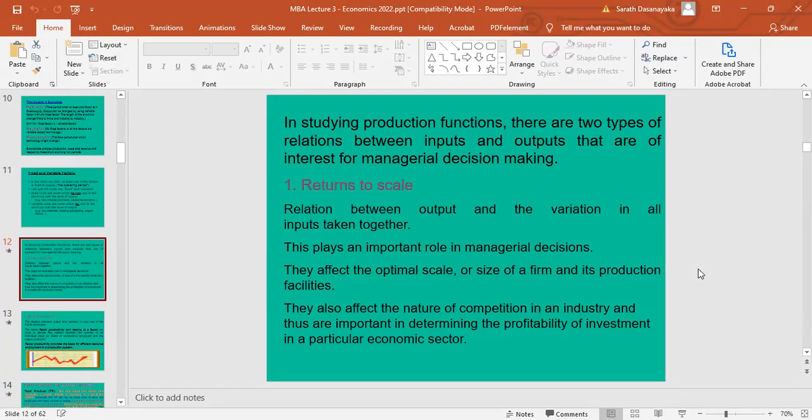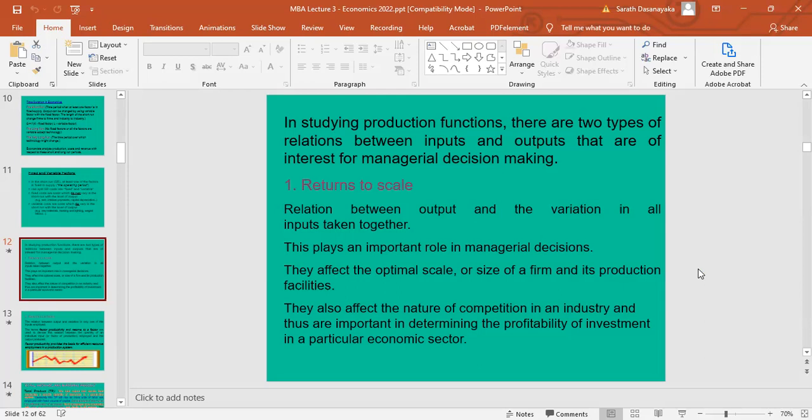Everything is changing together. Nothing is stable, everything is variable there. This plays an important role in managerial decisions, especially because it affects the optimal scale or size of a firm and its production facilities. It also affects the nature of competition in an industry and thus is important in determining the profitability of investment in a particular economic sector.